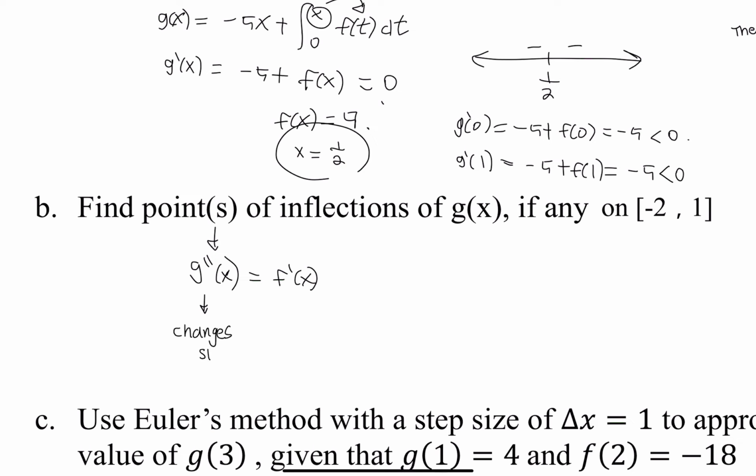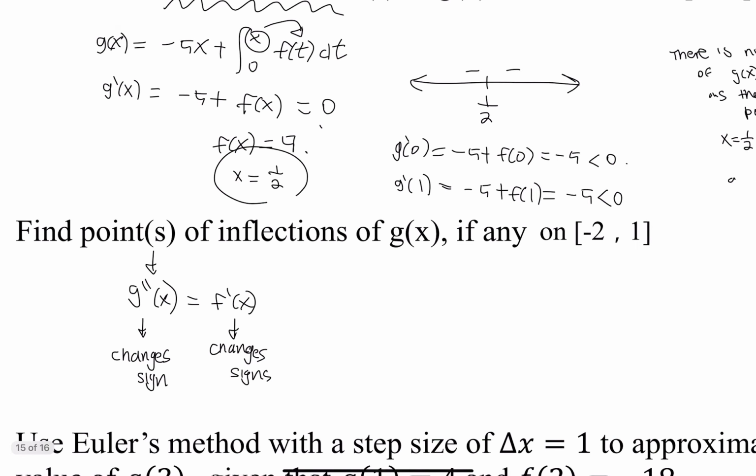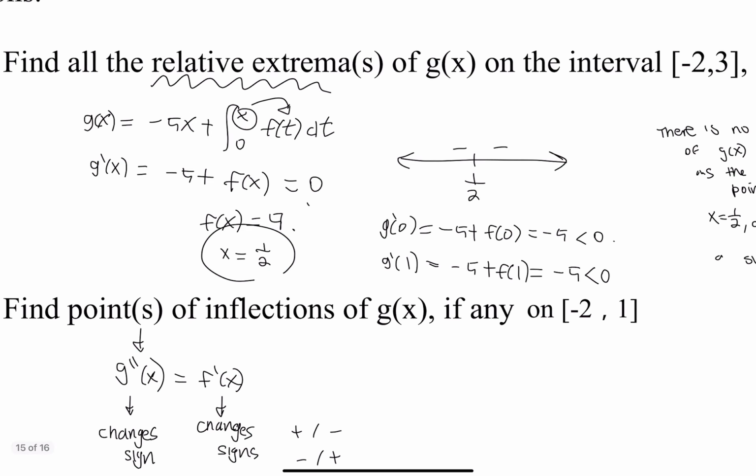But because g double prime is equal to f prime of x, this is also when f prime of x changes signs, right? And when f prime of x is changing signs, like from positive to negative or negative to positive, that means that f of x is changing from increasing to decreasing and vice versa, right?